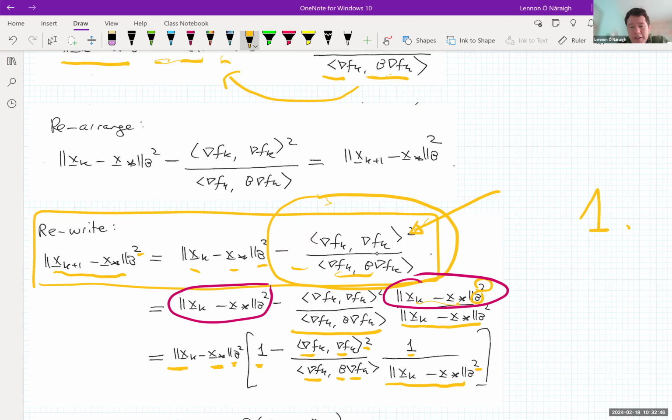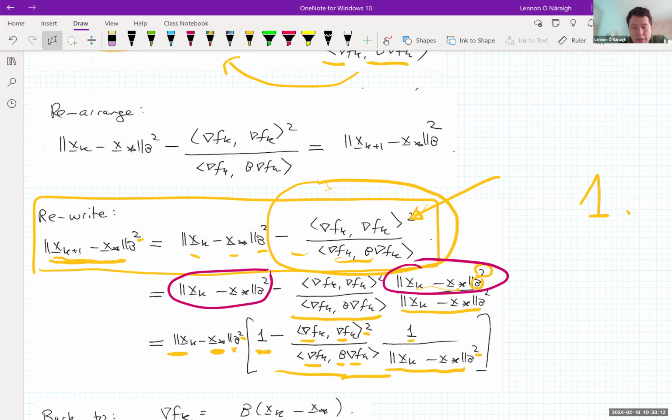And this is a very nice result now, because it's saying that the difference between my updated guess and my minimizer squared is equal to the difference between my previous guess and the minimizer squared times a multiplicative factor, which is less than 1. So the difference is shrinking at each iteration. And it remains now just to find a nice expression for the shrinkage, so I can say something precise about the convergence rate.